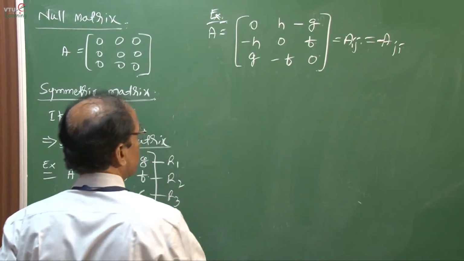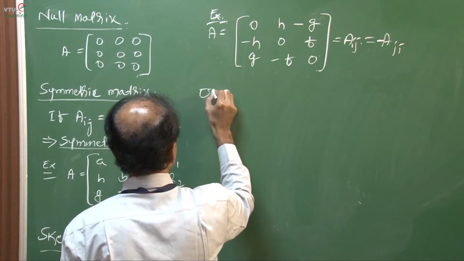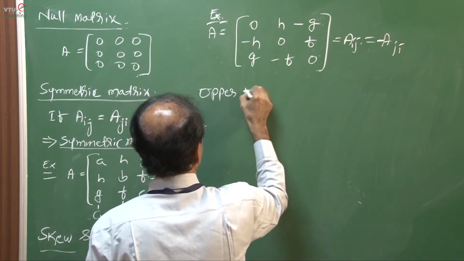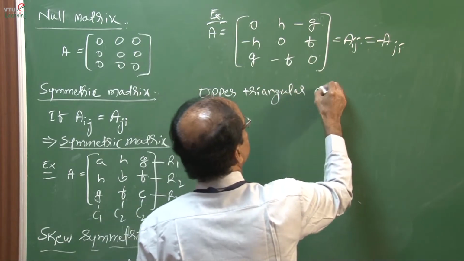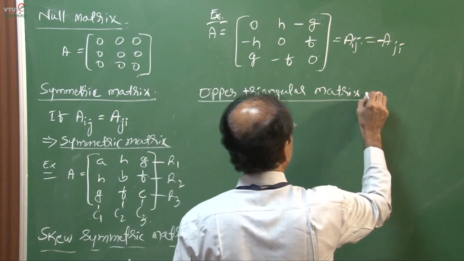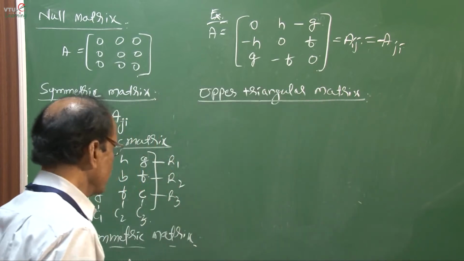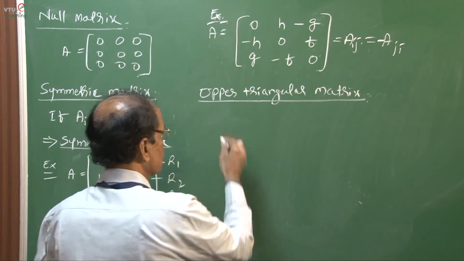Now the next part is upper triangular and lower triangular matrix. Upper triangular matrix. What is the meaning of upper triangular matrix? As I told you already in the example, you can consider the same 3 cross 3.